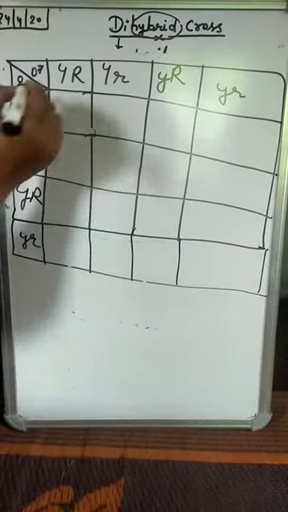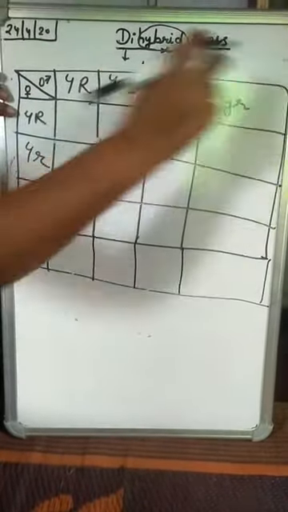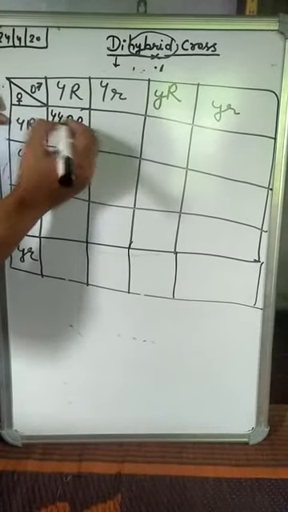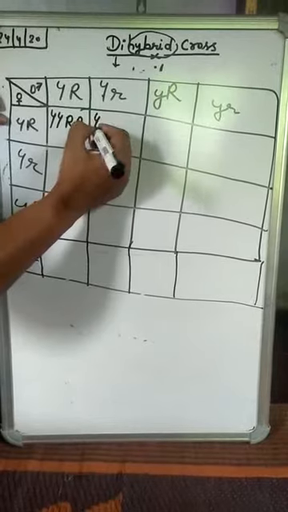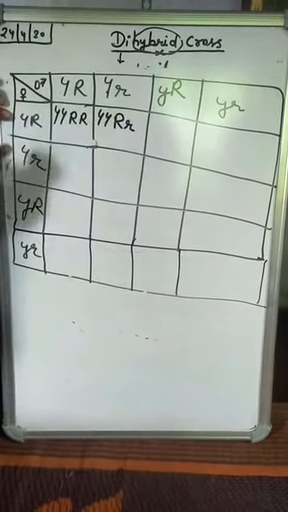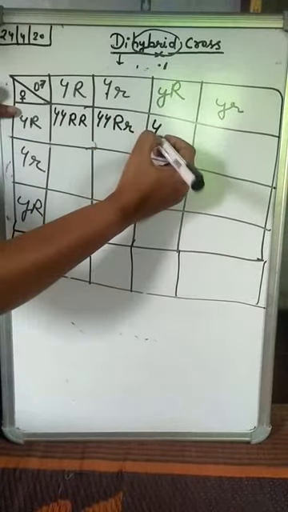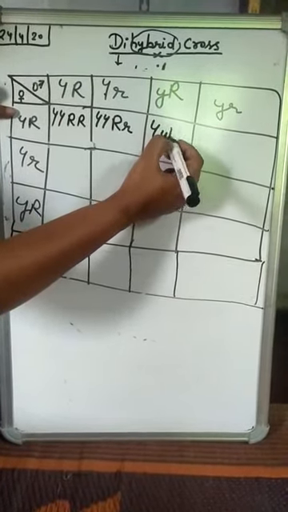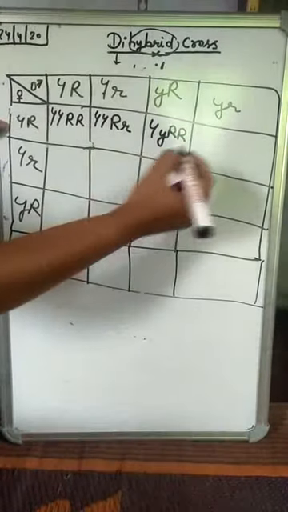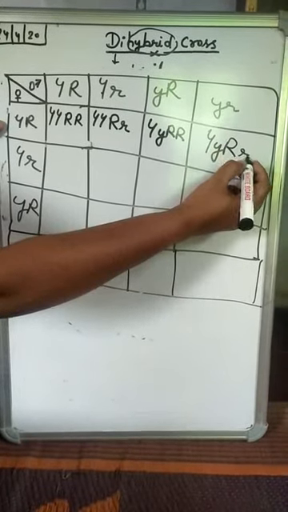By crossing them, first this one female gamete with all types of male gametes: capital Y capital Y capital R capital R, capital Y capital Y capital R small r, capital Y small y capital R capital R, and the last one in the same manner, capital Y small y capital R small r.